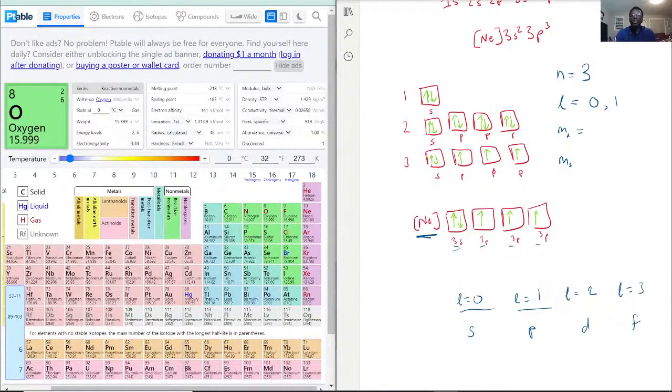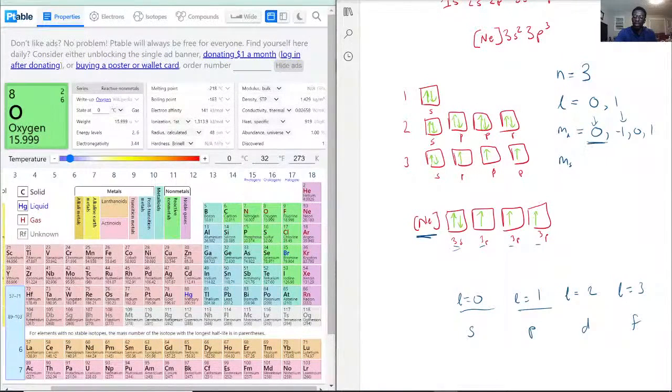ML is the positive and negative values of your L. So if you look at your L, we can have either 0 for the 0, and then for the 1 we can either have -1, 0, or 1.